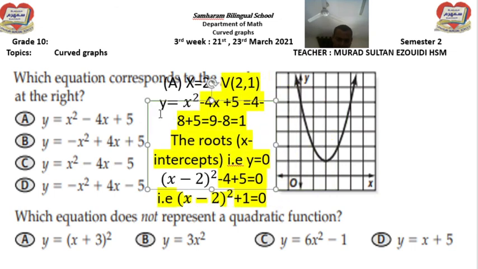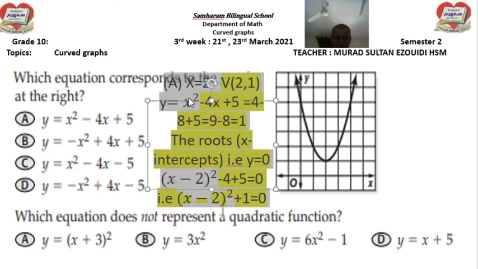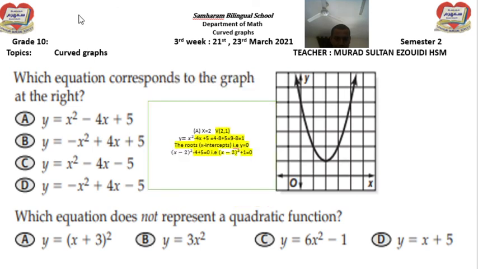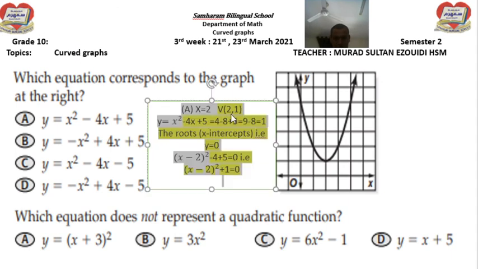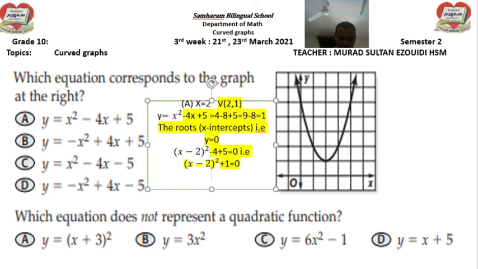Okay, good. This one has no real roots. Why? Because the curve does not cut the x-axis. Clear? Okay.